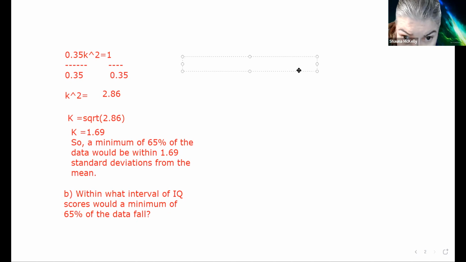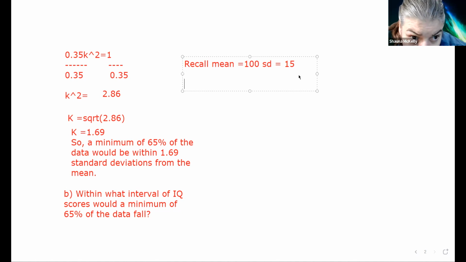Recall that the mean is 100 and the standard deviation is 15, right? So if that's the case, we're looking at 1.69 standard deviations from the mean.